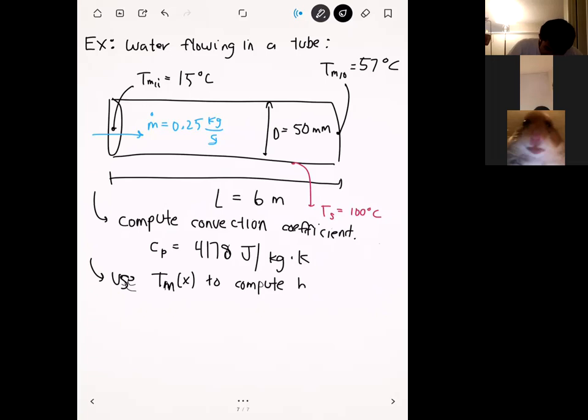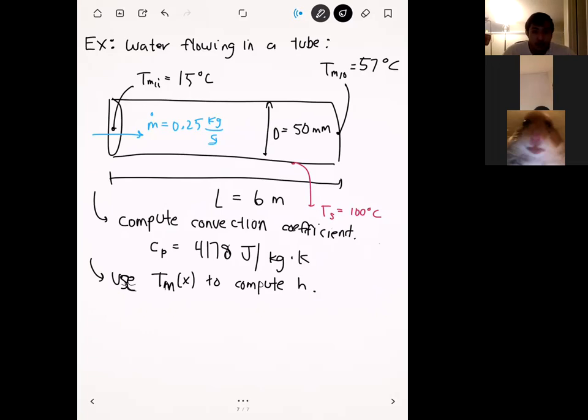It's a little bit different than our previous problem, because in our previous problem we just used the Reynolds numbers. But for this case, we actually have everything that we need to solve for the convection coefficient using Tm of x.